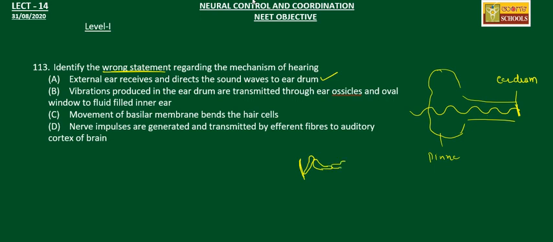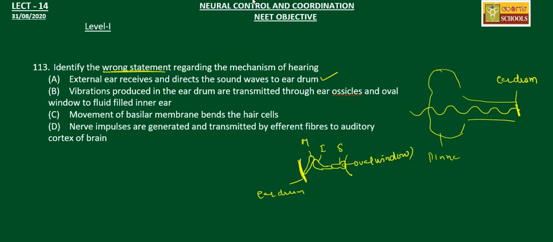So this is the eardrum, and this is malleus, and this is the smallest bone, the stapes, which will be in contact with the oval window of the cochlea.